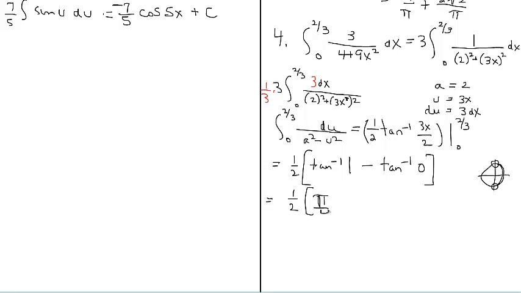Pi over 4 minus what angle has a tangent ratio of 0? That's going to be right here at 1, 0, where y divided by x gives 0. Cleaning it up, we get pi over 8. So just using this note card to revisit some trig integrals and revisiting the derivatives, etc.